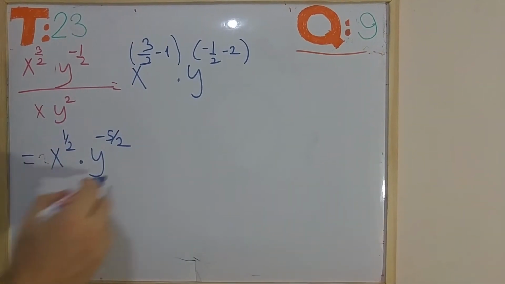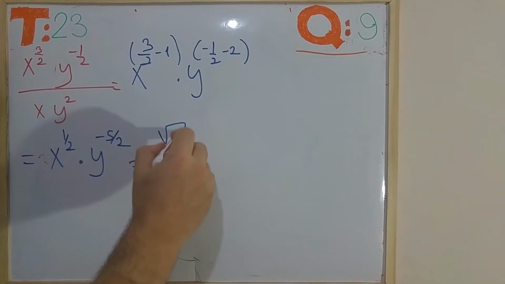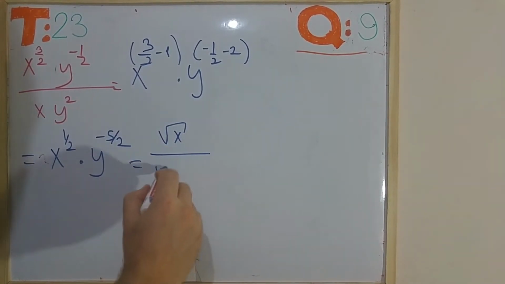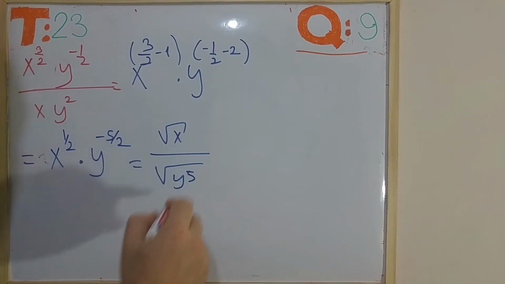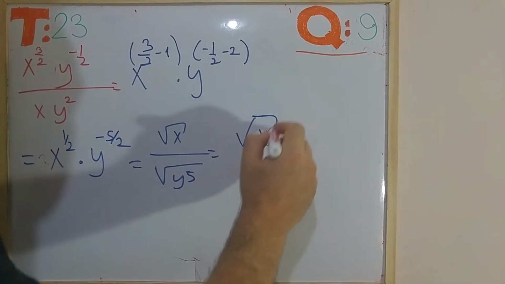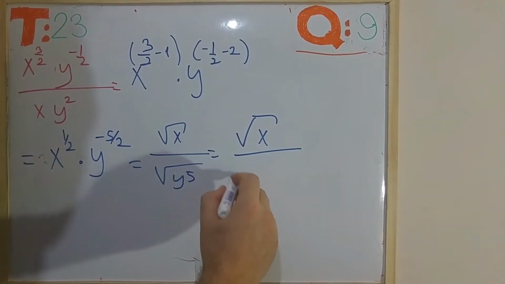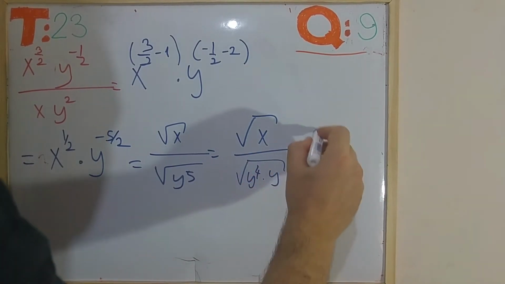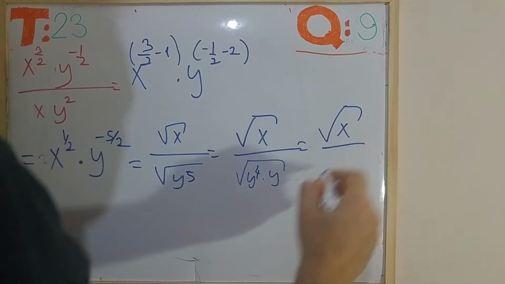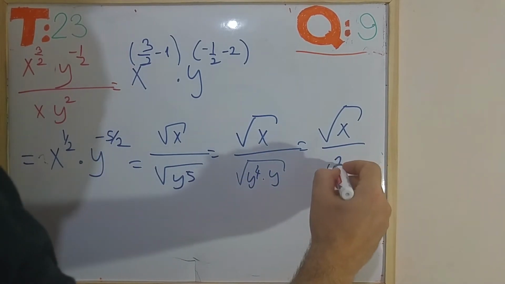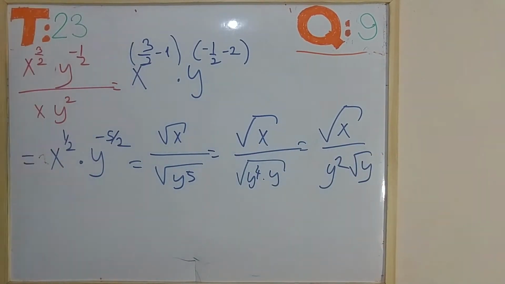Or I can write it down as square root of x divided by square root of y to the 5. Actually, this means that this is equal to square root of x divided by square root of y to the 4 times y, which is equal to square root of x divided by, this is going to be y squared when it gets out, y squared times y.